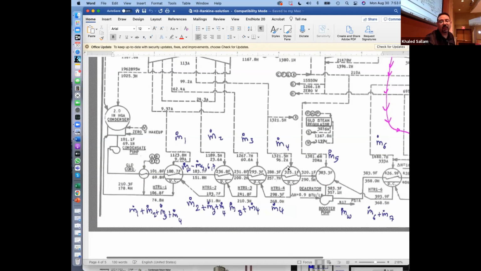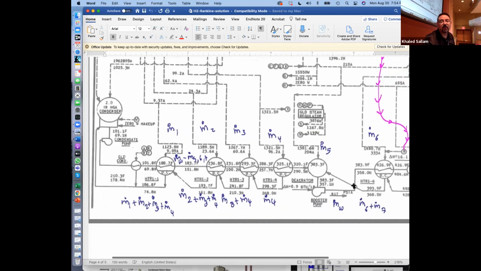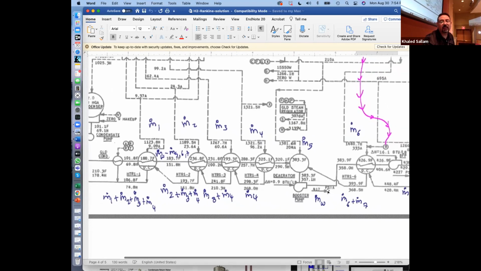So when it comes to the energy balance over here, what's the best way? Energy in: m dot 5 times its h plus m dot 6 times its h plus m dot 7 times its h equals m dot water times its h. When I gave them this one time in the exam, almost everyone got stuck not knowing what the m dot here is.